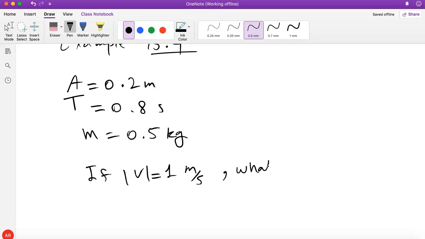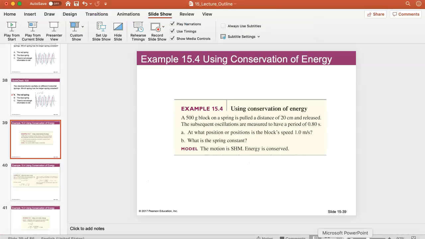What is x? Where would the object have that speed? That's what part A is asking.